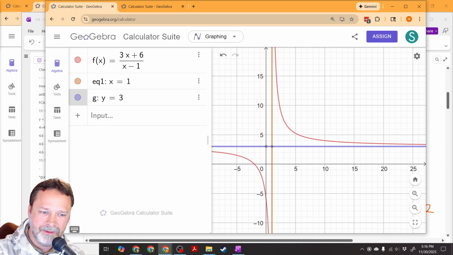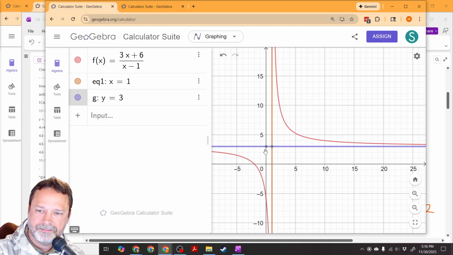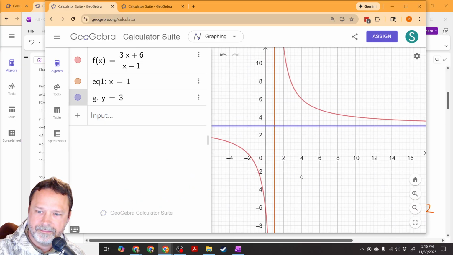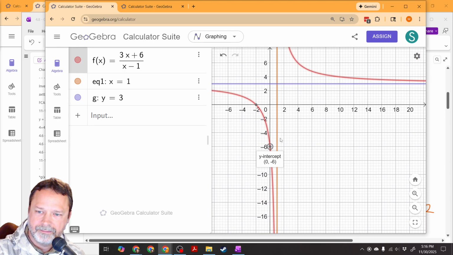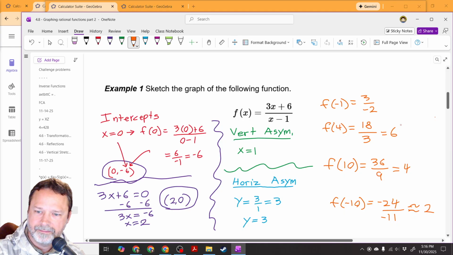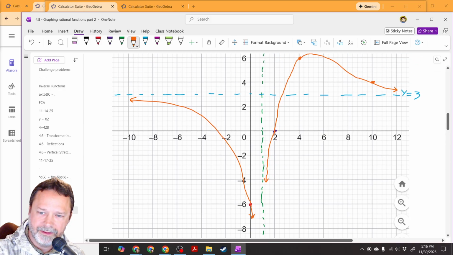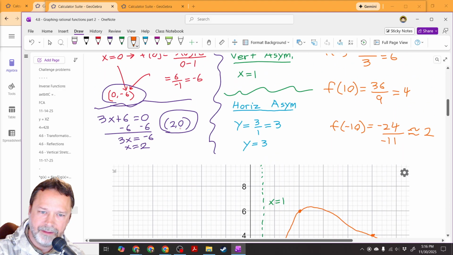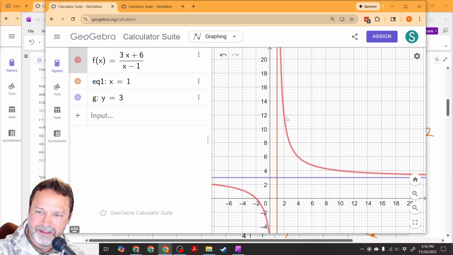But what did we do? Two comma 0. How did I get 2 comma 0? Do we have 2 comma 0 here? So that's my problem here. It's not 2 comma 0, it's 2 comma 12.